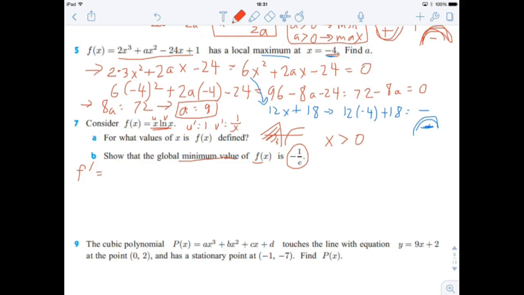So the product rule is u dashed times v plus u times v dashed. And that equals log of x plus 1. So that is the derivative.